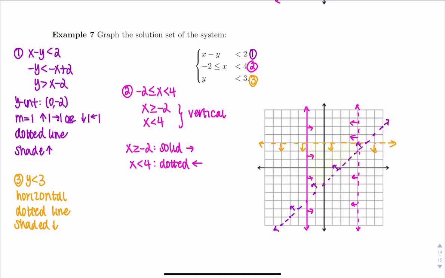And so now we need to see where all the arrows point in towards. So it'll be in between my pink lines and below my orange line and above my purple line. And so this little triangular region would be my solution set.